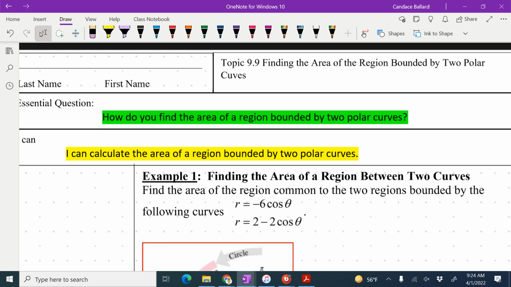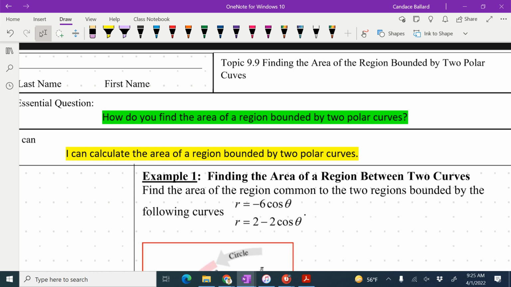Read it to yourself as well. All right. Let's go through those two things really quick.